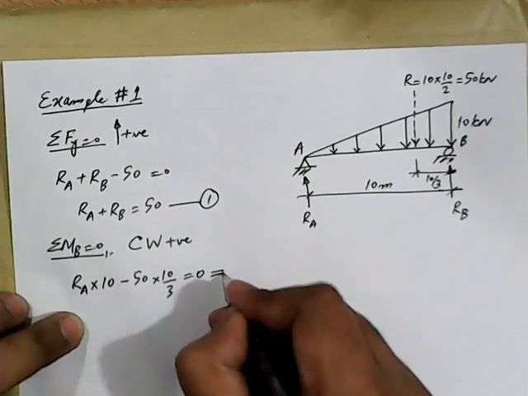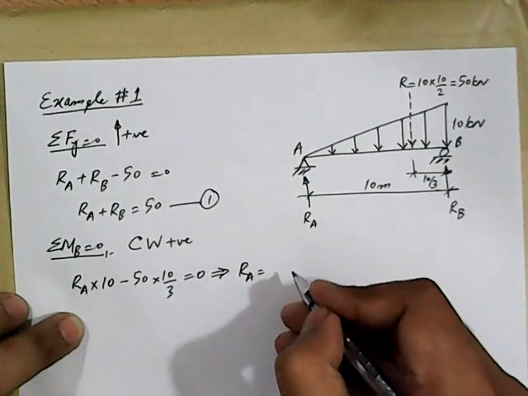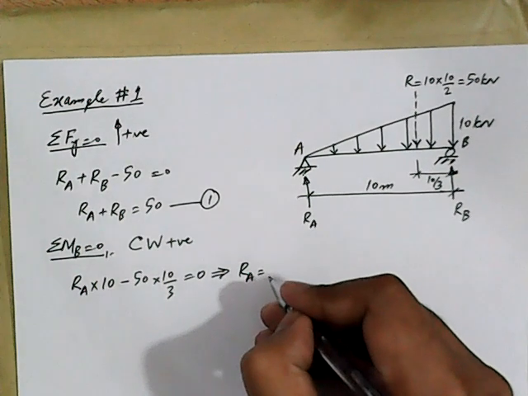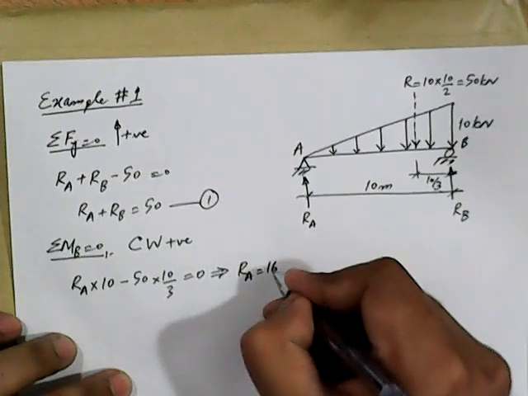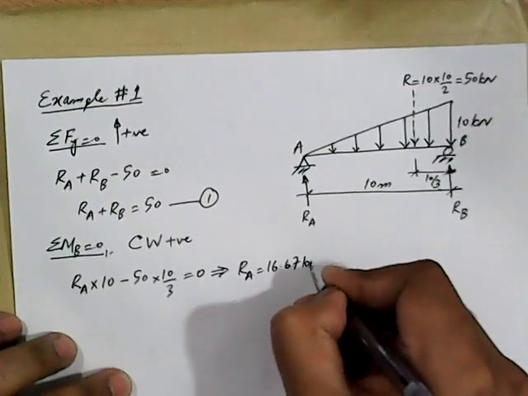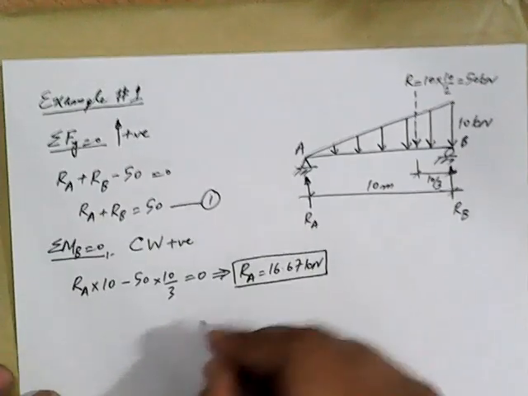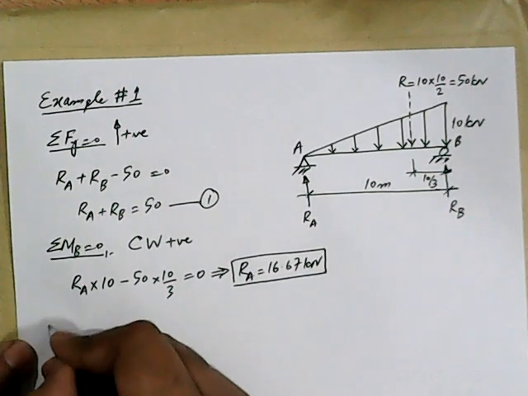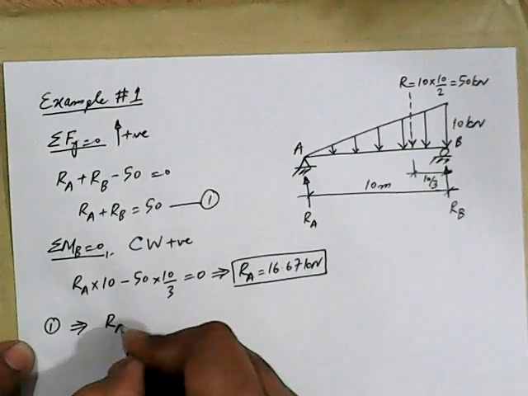If I solve this equation, I get RA equal to 16.67 kilonewton. This is the value of RA. If I plug this value into equation number 1, I get the value of RB.